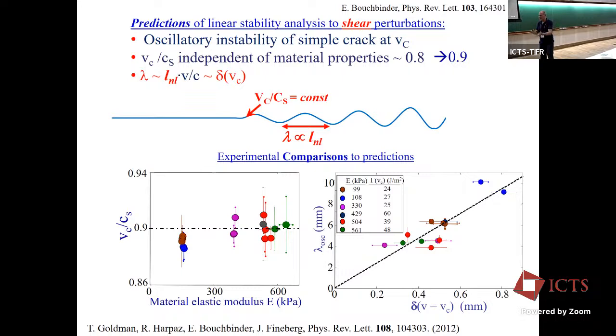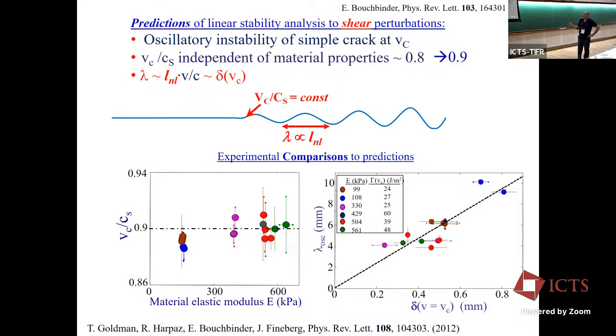There was a lot of scatter or something. So I guess the answer is it might be possible, but it hasn't been done yet. Actually, I'll show you some numerics in a minute, which might do that, but I don't remember that they mentioned it in the paper.